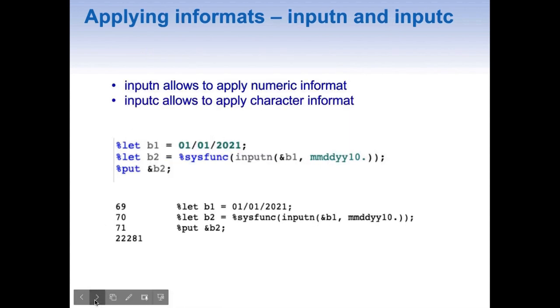Now let us look into some informats. We can apply informats by using inputn and inputc function. And now let us look at an example for both of these, that is for inputn and inputc.